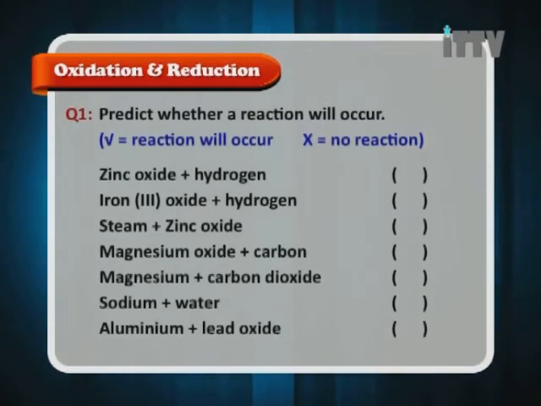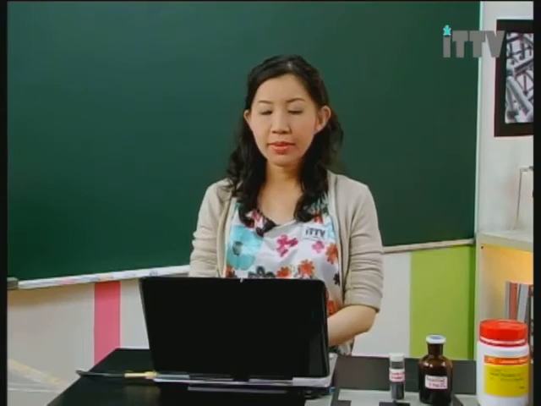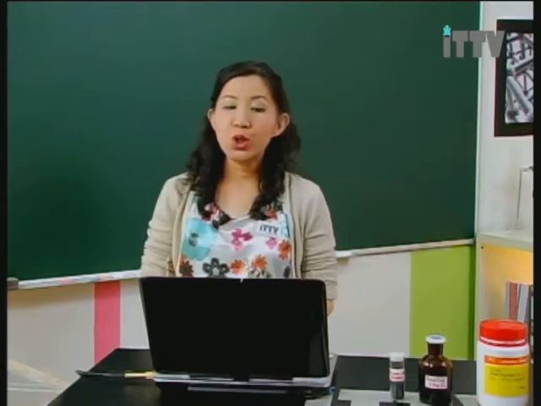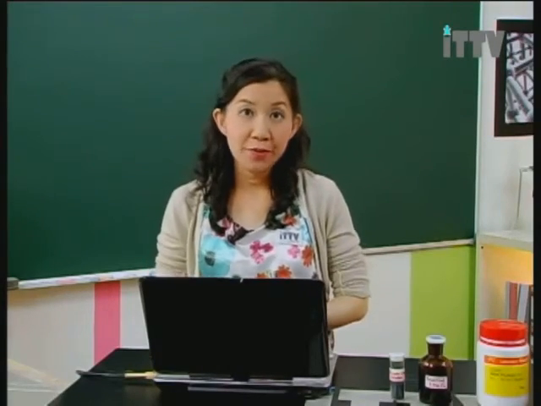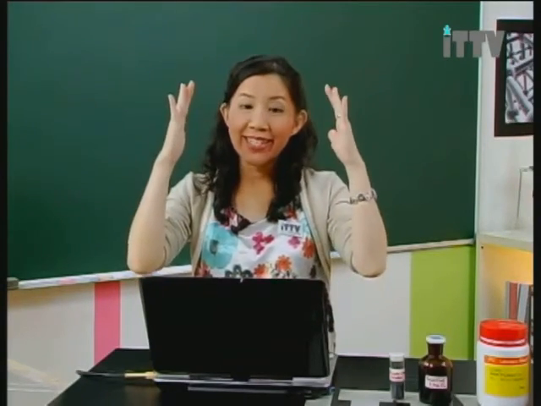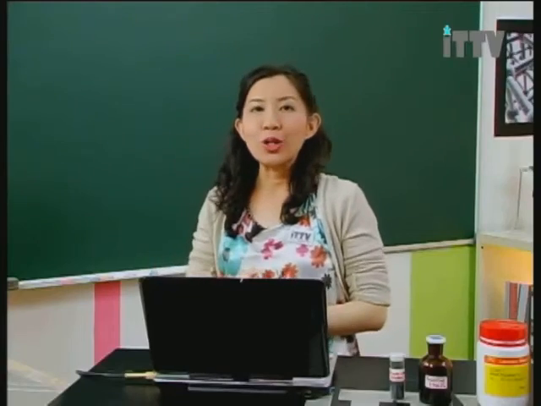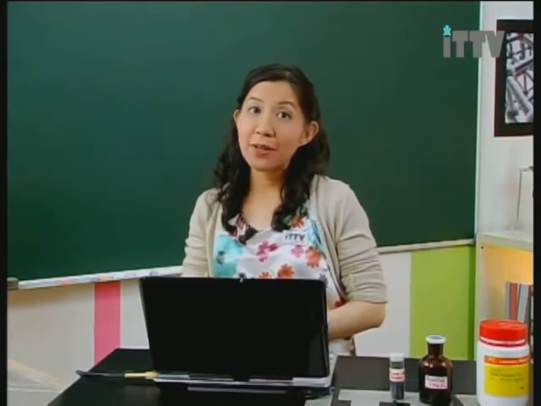So students, what do y'all think are the answers for these sub-questions? You need to have knowledge of the reactivity series to answer this question. Have a thought about it. As mentioned, to answer these questions, you need to have knowledge of the reactivity series, which you have to memorize. So let's look to the board to have a better understanding of this question.